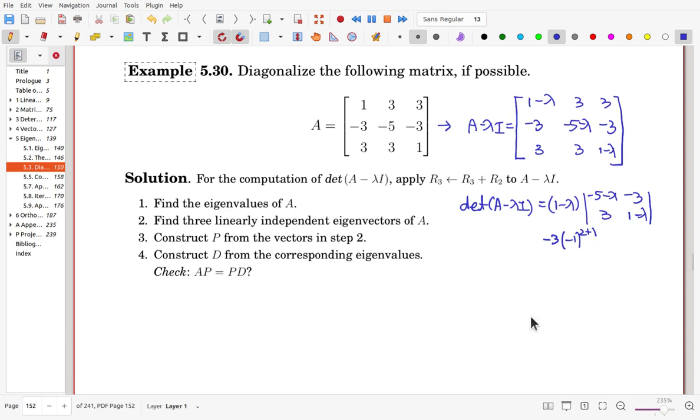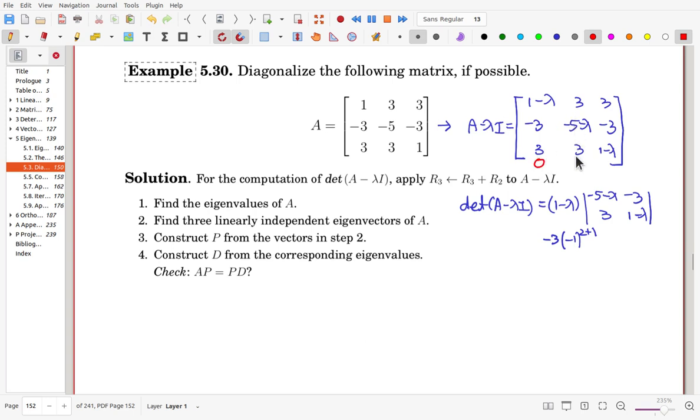Before going there, we may manipulate a little bit to get the computation simpler. Before writing the submatrix, let's try to add this row to the third one, then that is 0.